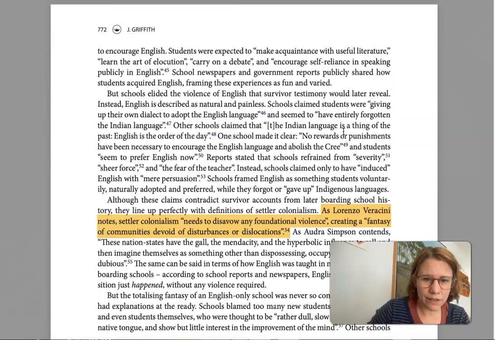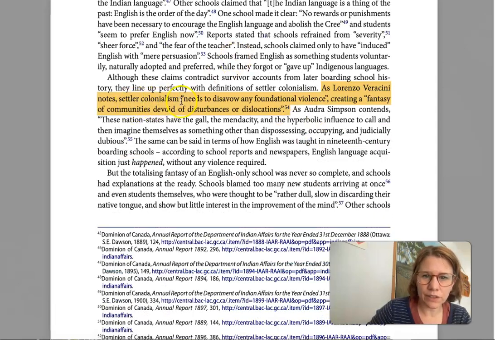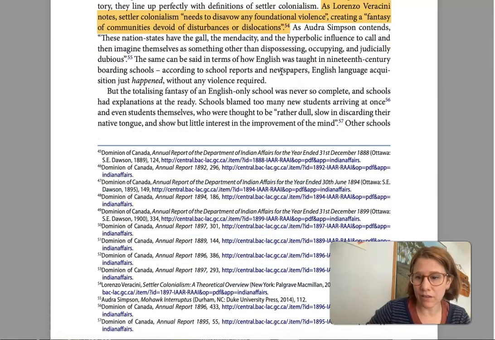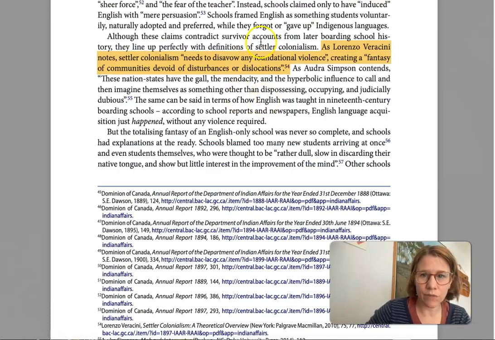So yeah, I highlighted a couple things here. She talks about settler colonialism denying its violence, and creating a fantasy that students wanted to learn English, or that they readily volunteered to give up their languages, and they don't acknowledge any kind of violence that's been committed through the act of the residential school system.